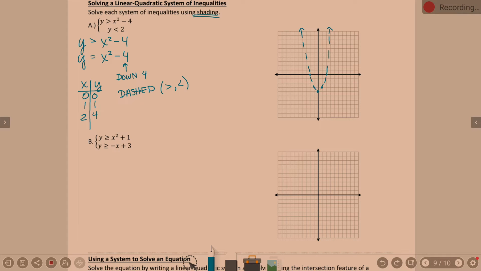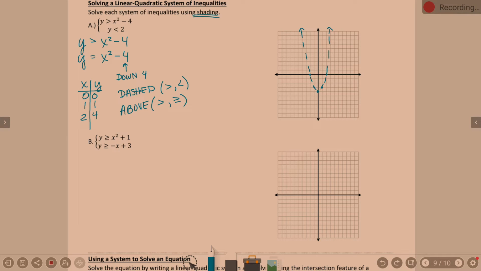Then, after you decide whether it's a dashed or dotted line, now we're going to ask ourselves, where do we shade? Choices are above or below. Above. And we are going to shade above anytime it's any type of greater than sign. So greater than or equal to, we're going to shade above.